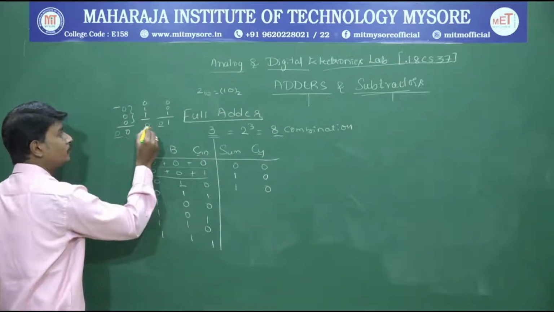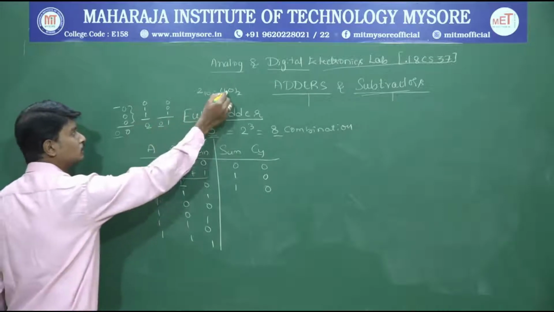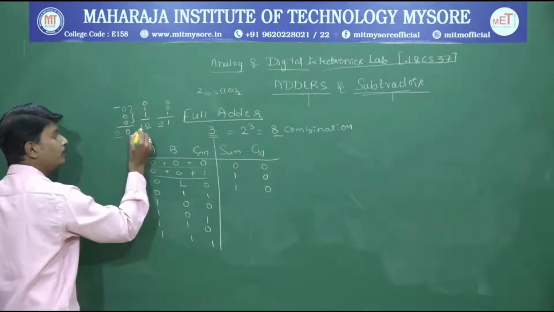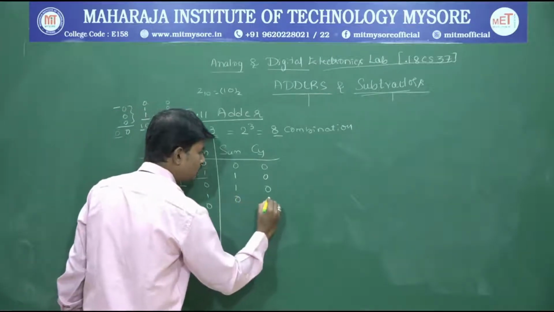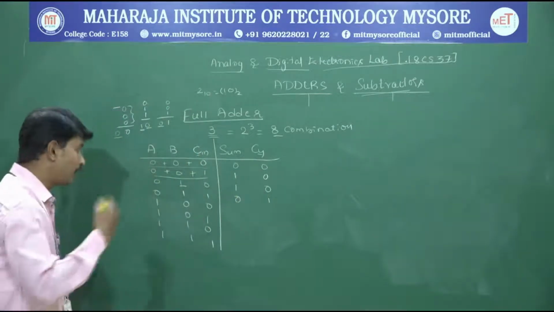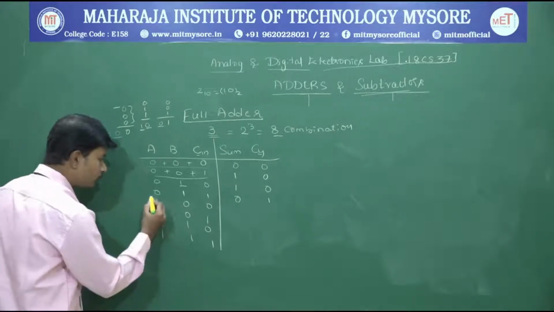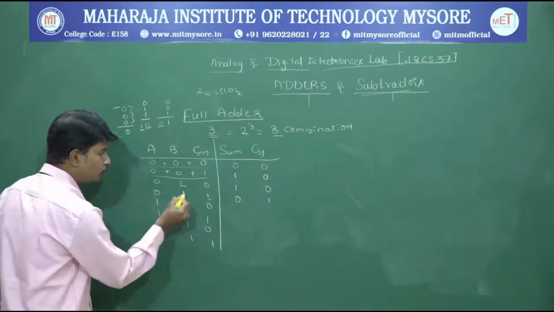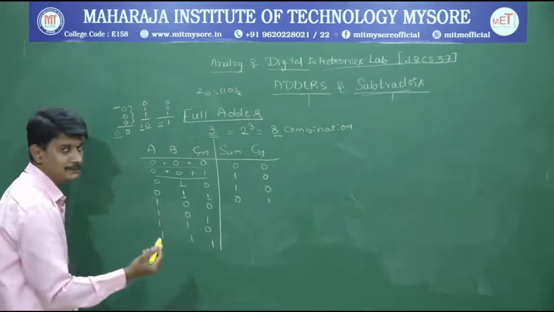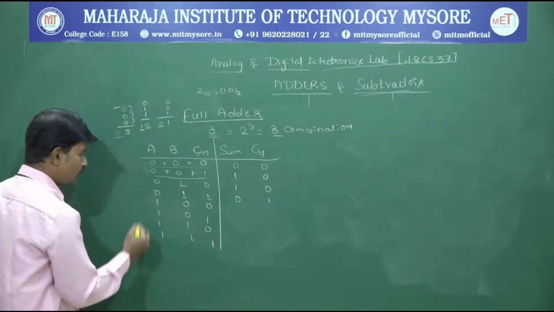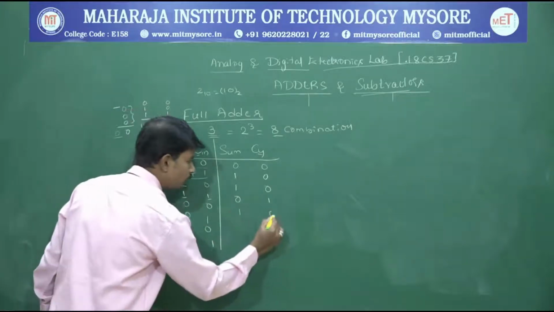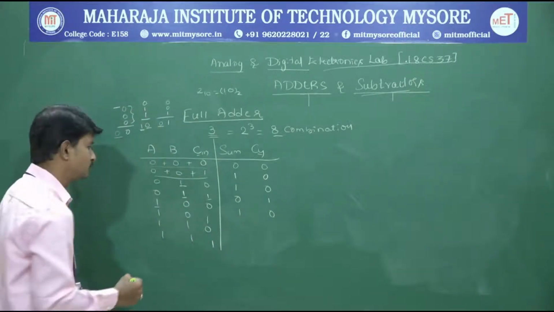So here sum is 0, as I told you, this is 1, 0, and now the carry part is 1. So I'm going to write down the same here: sum is 0 and carry is 1. Likewise, whenever the input combinations have two high inputs, I can directly say that sum is 0 and carry is 1. So now here it is 1, so I'll directly put sum as 1 and carry as 0.